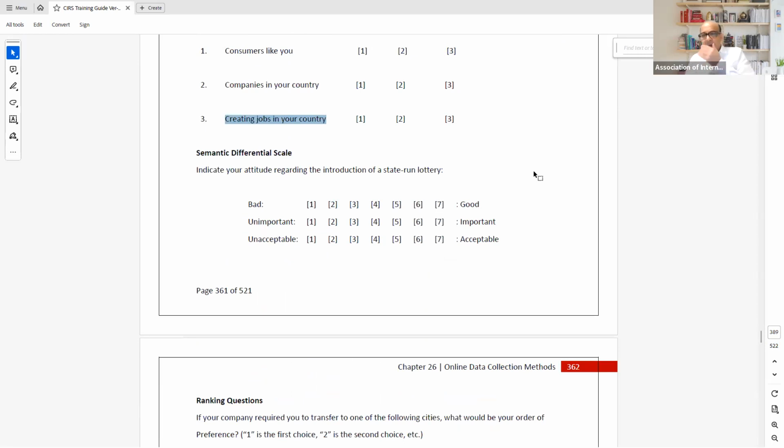Semantic differential is another way of putting the questions together. And by the way, whatever we are discussing with these question types or formats, these are pretty much all that is used in typical surveys. So these are all the different types of questions, and you can select from these depending on the type of question you're asking.